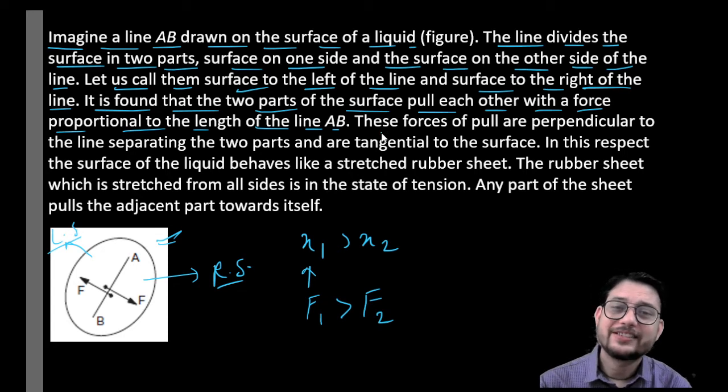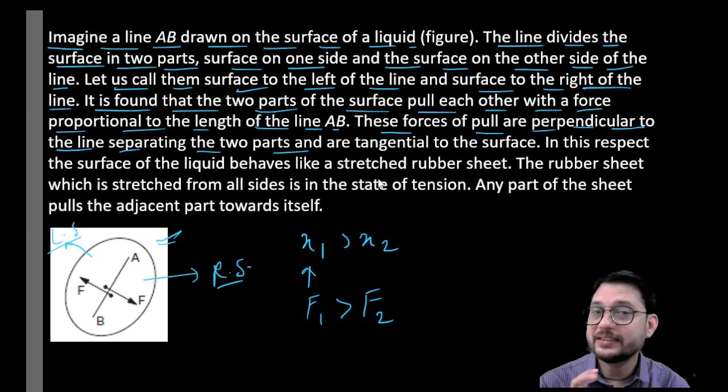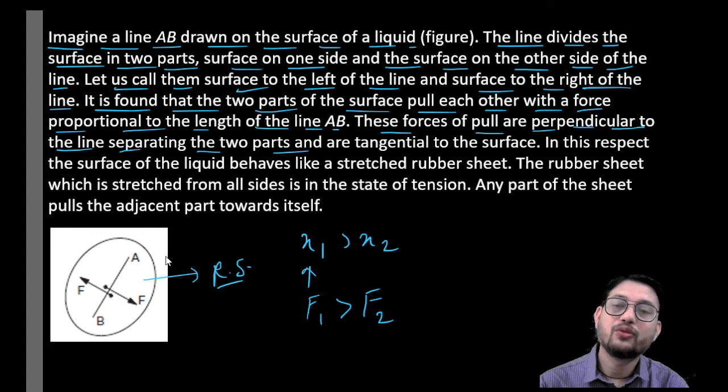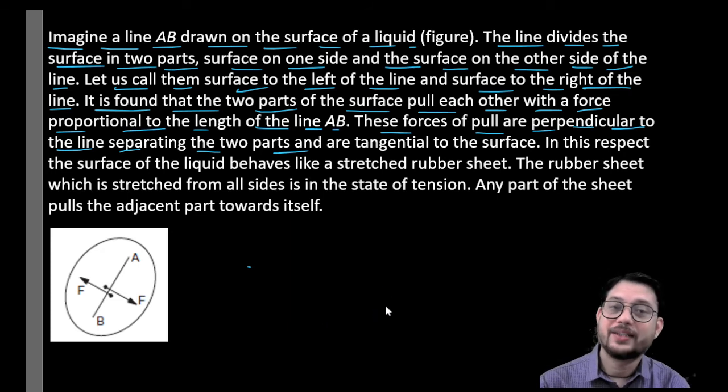These forces of pull are perpendicular to the line separating the two parts. So this is the one wonderful result here: whatever force you see, larger or smaller, doesn't matter, but one thing is clear, that the direction of the force will be perpendicular to the imaginary line.